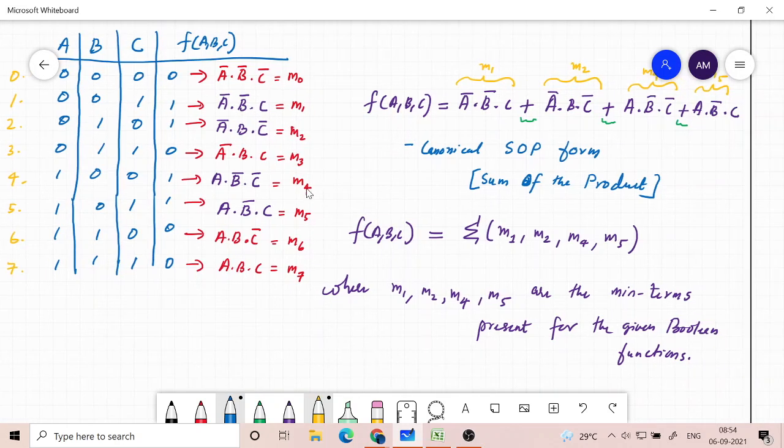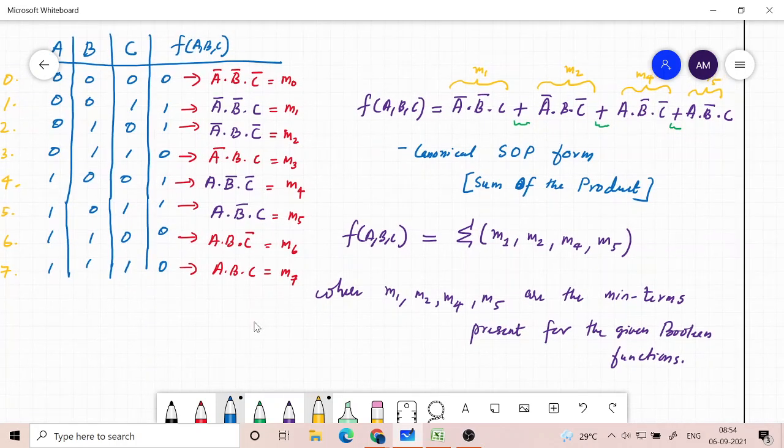Correspondingly, you use them as the subscript for the small m. So that corresponds to m0. Whenever we say small m0, we mean this particular product term. Each min term is a product term.